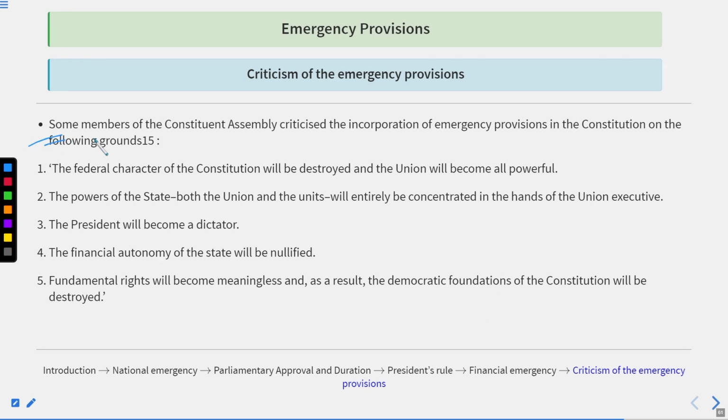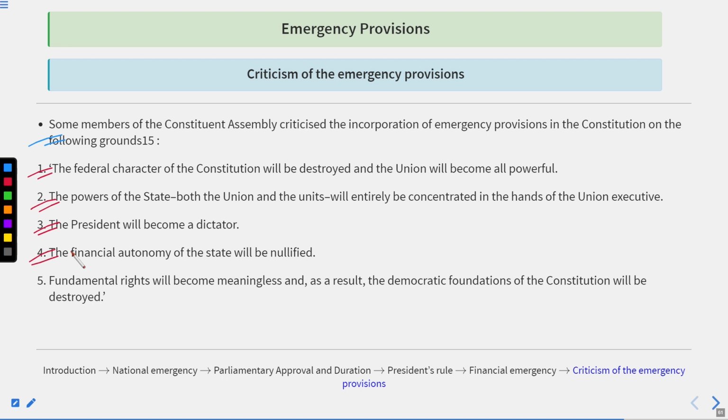Some members of the Constituent Assembly criticized the incorporation of emergency provisions in the Constitution on the following grounds. First, the federal character of the Constitution will be destroyed and the Union will become all-powerful. Second, the powers of the state, both the Union and the units, will be entirely concentrated in the hands of the Union executive. Third, the President will become a dictator because he gets all the control over the authorities and the delegations.